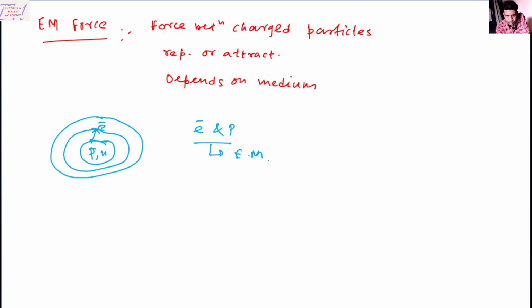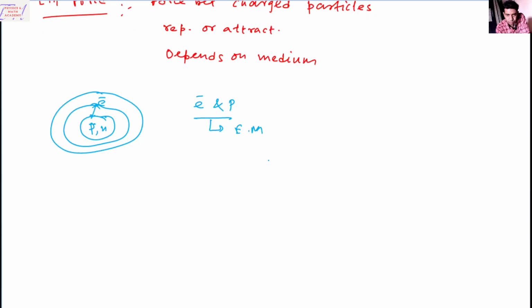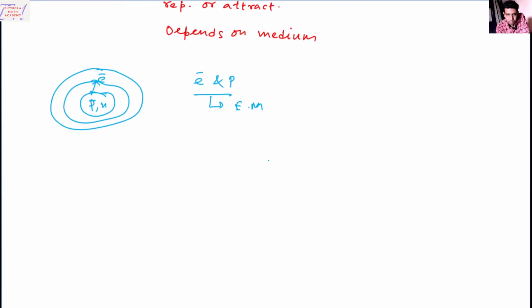Let's take some examples. There are other examples also. You will easily understand the types of force. Let's take an example: a force between two surfaces in contact.